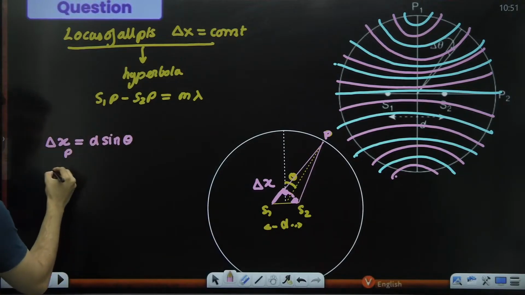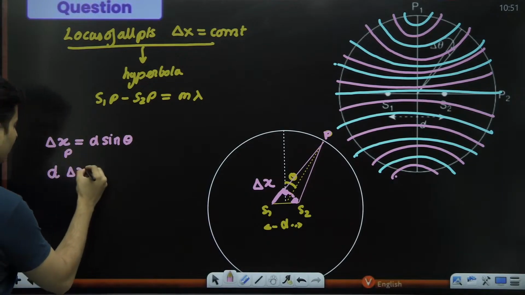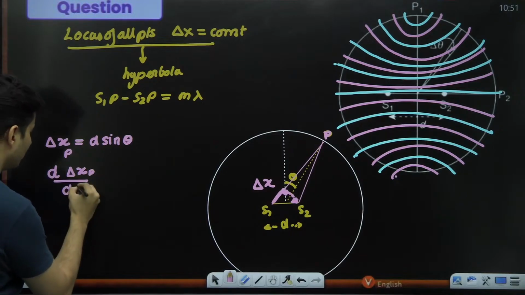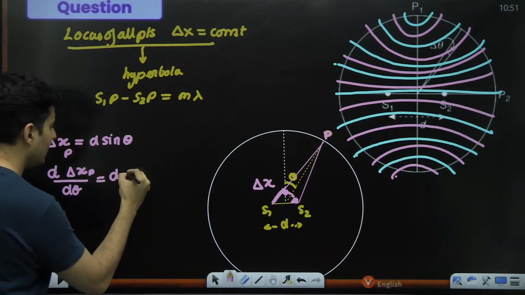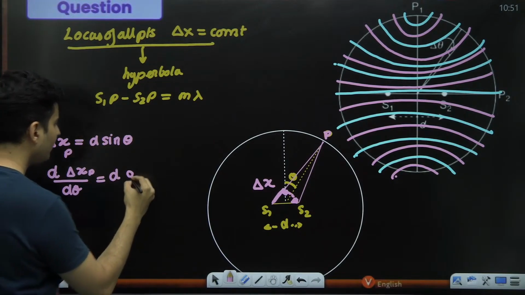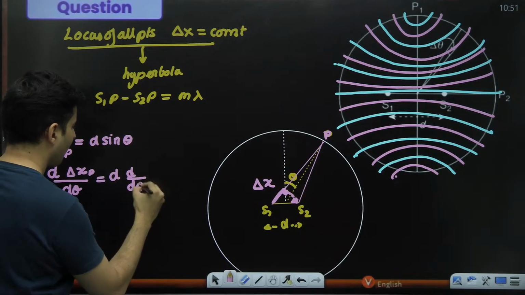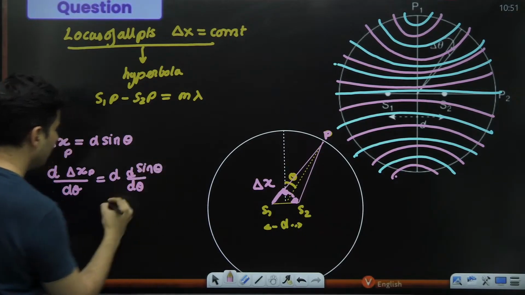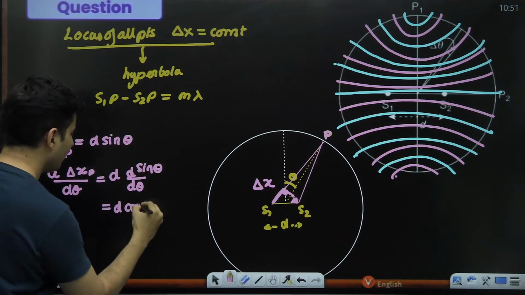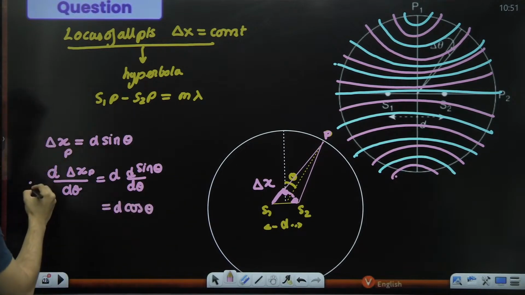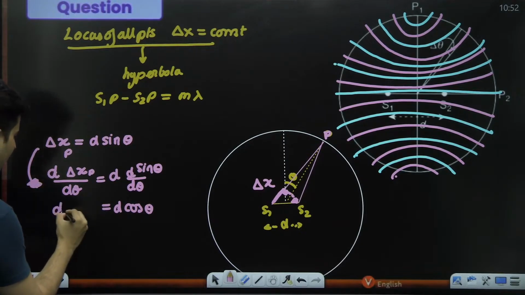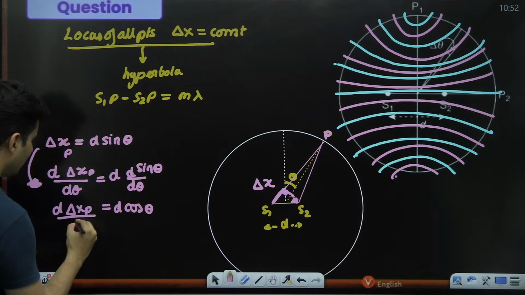So what I will do is take the derivative of delta xp with respect to theta. This will be nothing but d times the derivative of sine theta. The derivative of sine theta is nothing but cos theta. So now once we have taken the derivative, this is nothing but d delta xp by d theta.